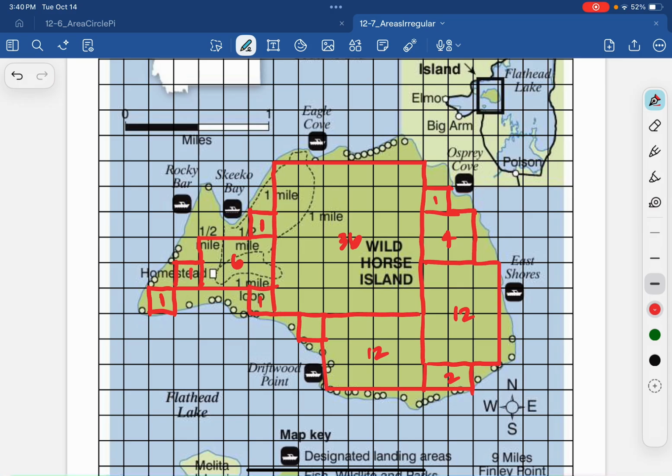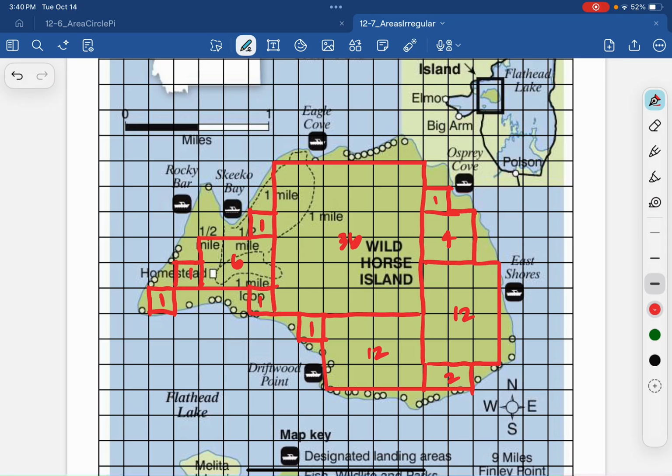So let's go ahead and count up squares, or I guess areas, from biggest to smallest. We have 36 plus 12 is 48, plus another 12 is 60, plus 4 and 6 would make 70, plus 2 is 72, and then all the ones, 73, 4, 5, 6, 7, 8.